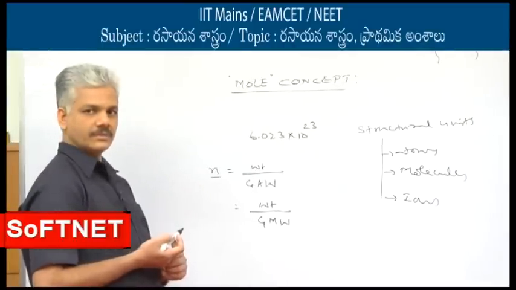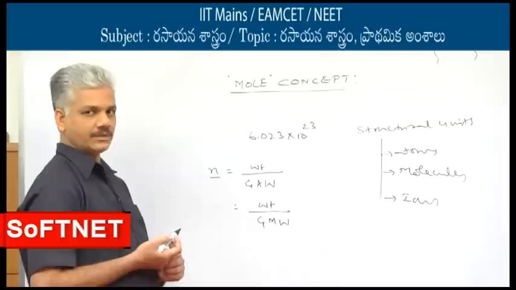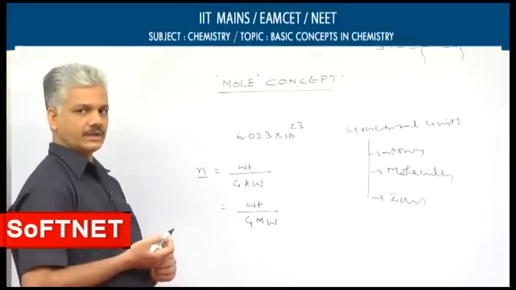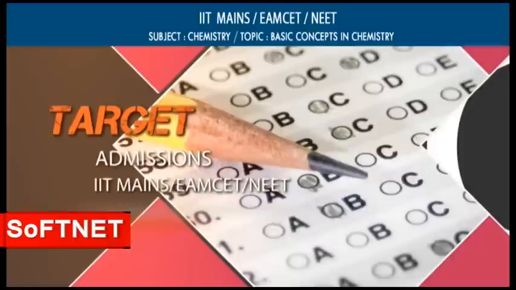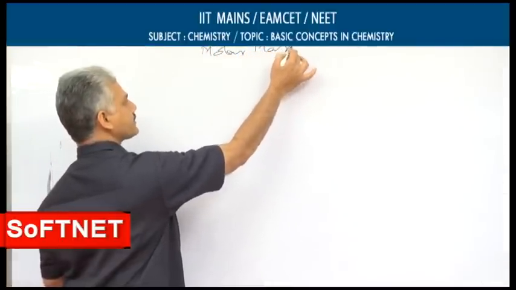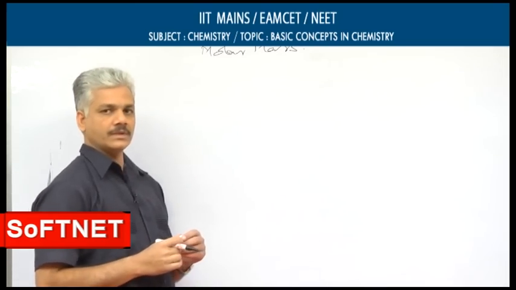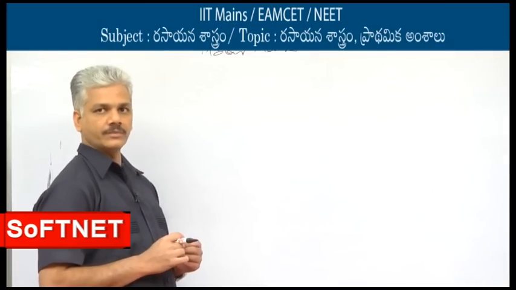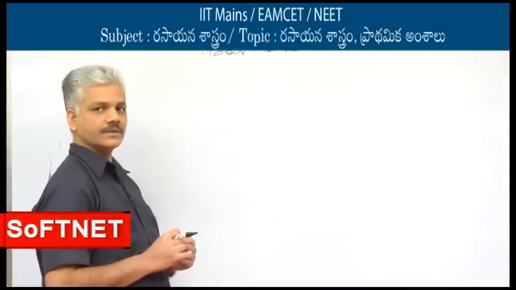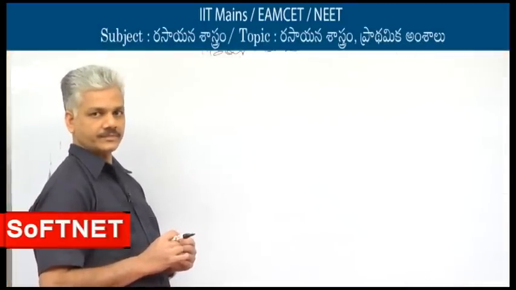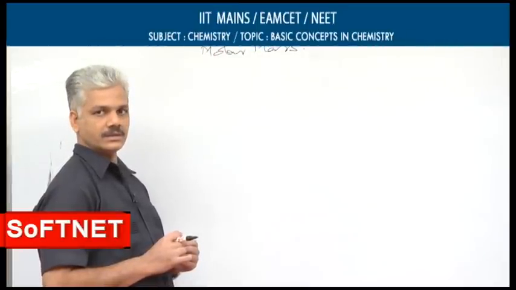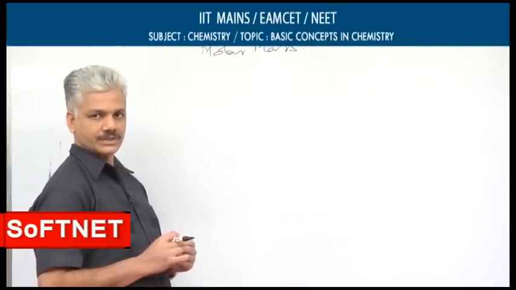Once we find out the number of moles, they can be converted into number of structural units or into weight or into volume. We use the term molar mass. Molar mass is the mass of 1 mole of any substance. The matter can be either in the elemental state or in the compound state.